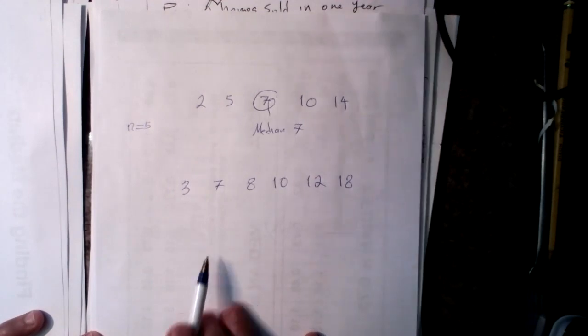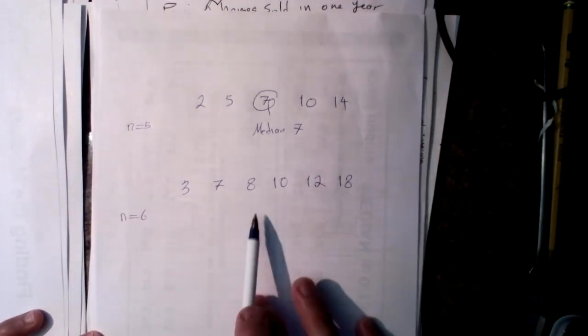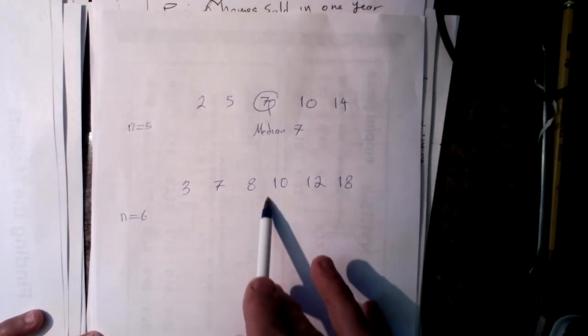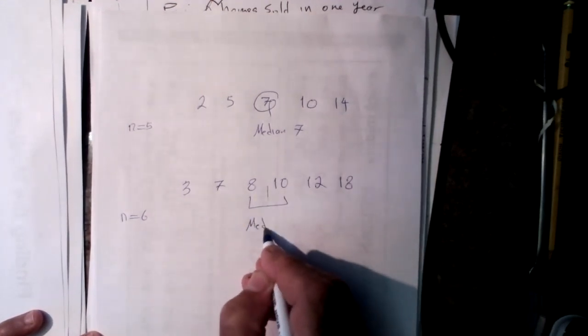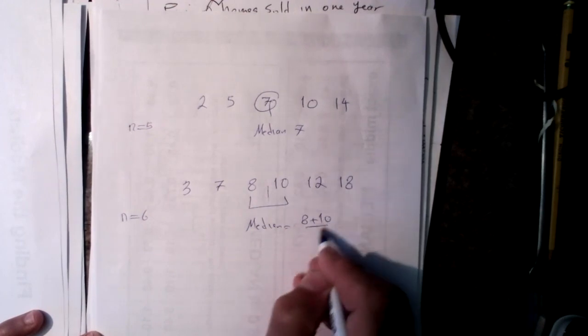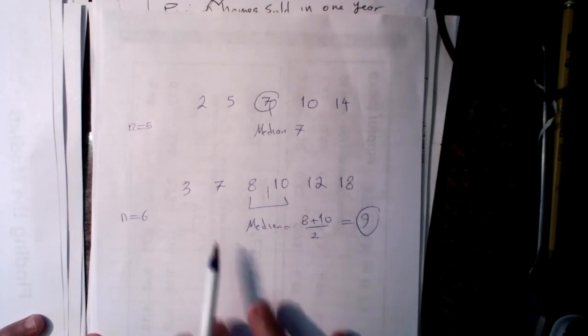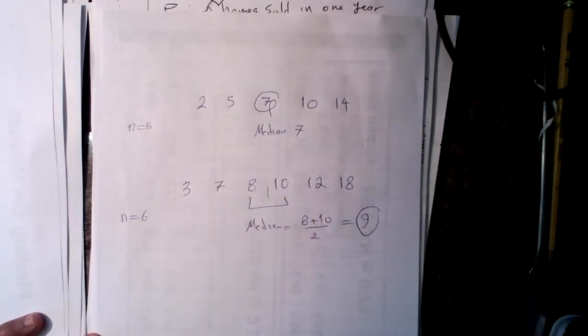How many numbers do I have? Six numbers. The number of values is even. In that case, to find the number exactly in the middle, you have to take the average of these two. So the median is 8 plus 10 divided by 2, or 9. 9 is your median. So it just depends whether the number of values is even or odd.